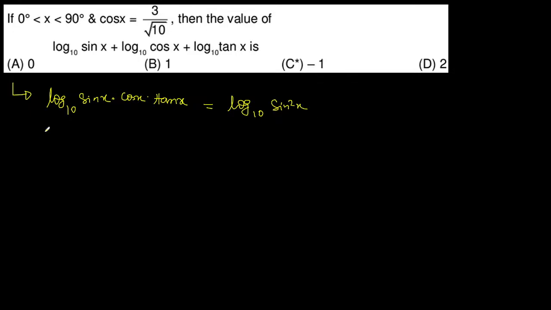We can see that cos square x is equal to 9 by 10. 1 minus sin square x is 9 by 10.